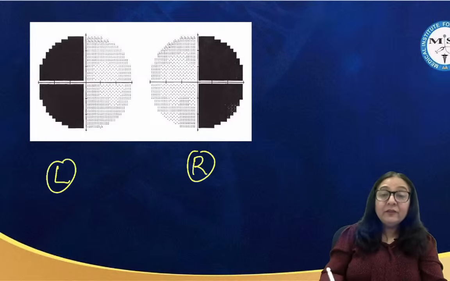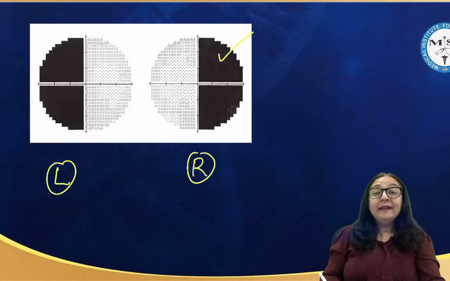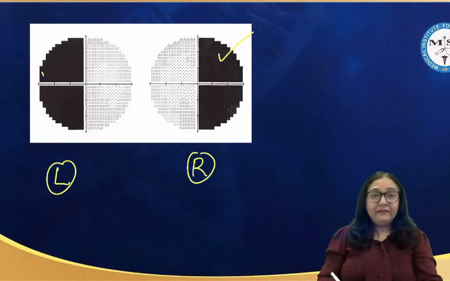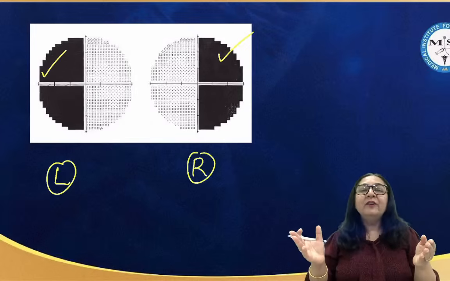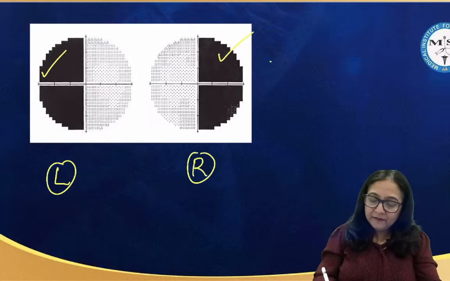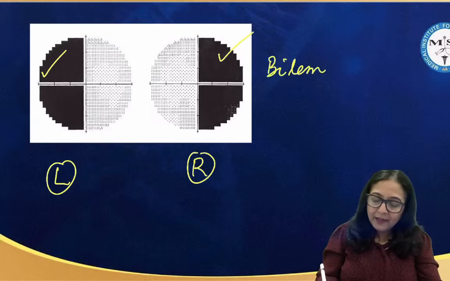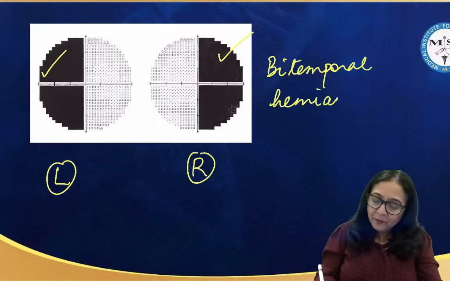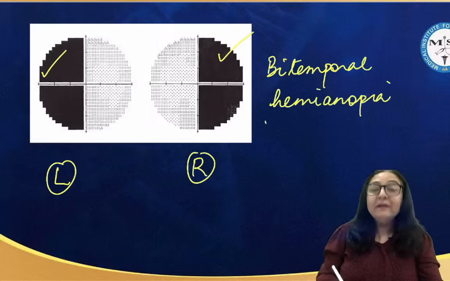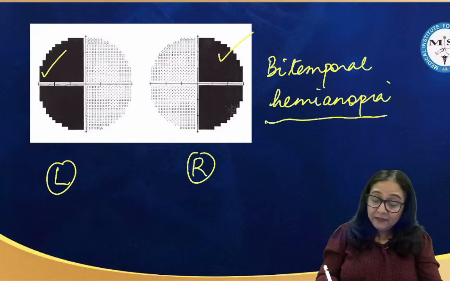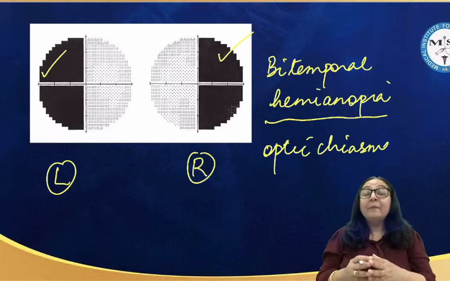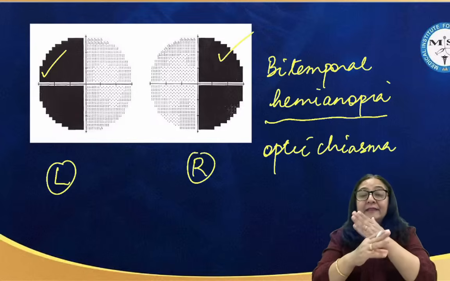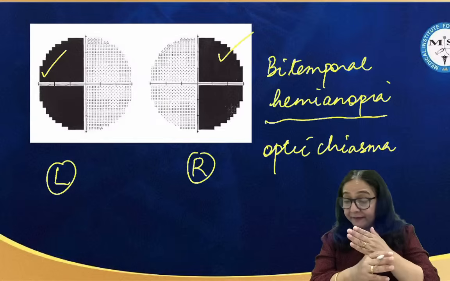So right side of the right eye and left side of the left eye, meaning the temporal field of both eyes is gone. So this is bitemporal hemianopia. All of you know. Bitemporal hemianopia occurs when there is a lesion in the optic chiasma, to be precise, the central part of the optic chiasma, where the nasal fibers from both eyes are crossing.